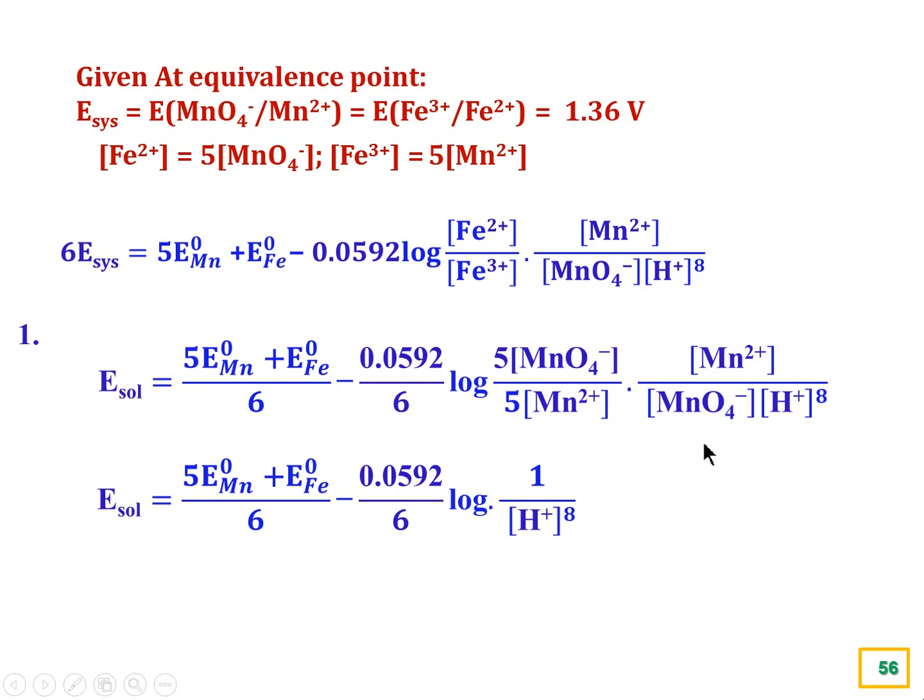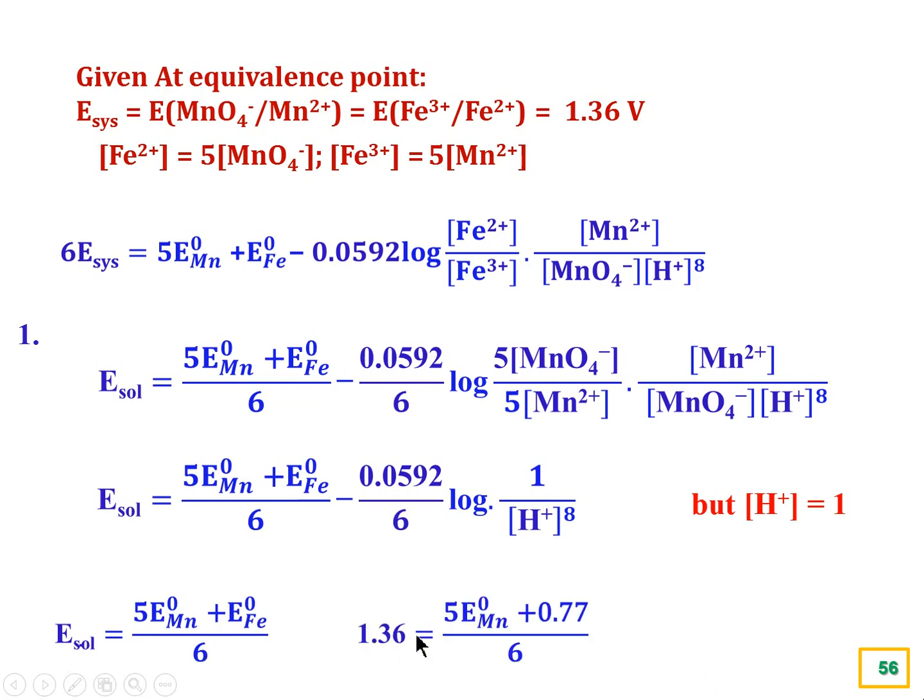We simplify by MnO4- at equivalence, Mn2+ at equivalence, 5 and 5, so we obtain log 1 over H+ to the power 8. And since H+ is equal to 1 molar, this is log 1, so 0, and therefore E of the solution is equal to (5E0 Mn plus E0 Fe) divided by 6.